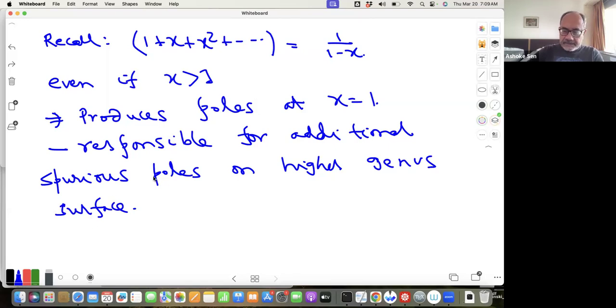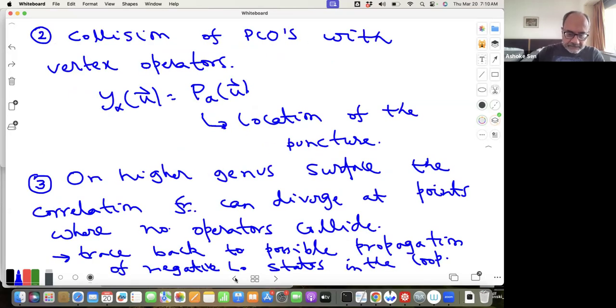Ashok, you said that in the third type there will be divergences where no operators collide, but in the moduli space there will be an infinite number of points where there will be no collision of operators, isn't it? Yeah, so there are special points. Not everywhere. When I write, this will become clear. It's not that there are divergences everywhere. But special in what sense?